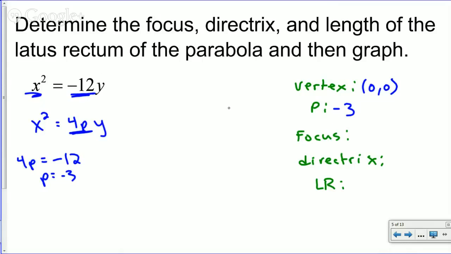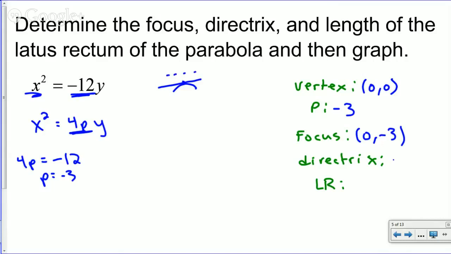We have a focus of, since this is x squared, that's going to open up or down. Since p is negative, it's going to open down. So my focus should be down somewhere. So that would be 0, minus 3. My directrix, since it's opening down at 0, 0, has to be somewhere up here.